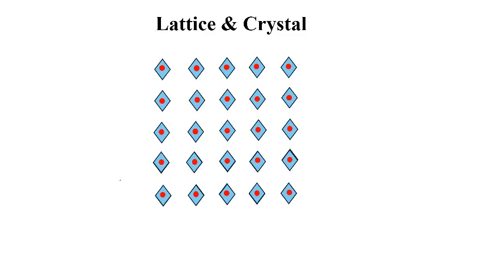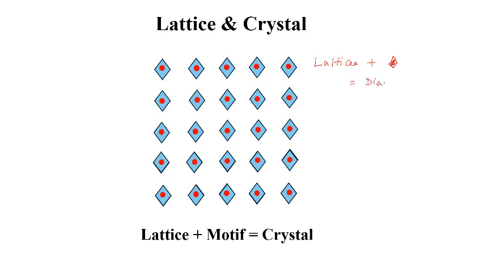It means that when you combine the lattice with a motif, you generate the crystal. So here we have seen that we have a lattice, a periodic arrangement of points, and when we assign one diamond here to each of those points, we generated the diamond pattern, which is basically that structure or the crystal that we are looking for, right?